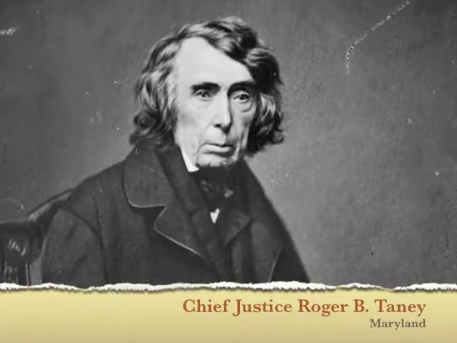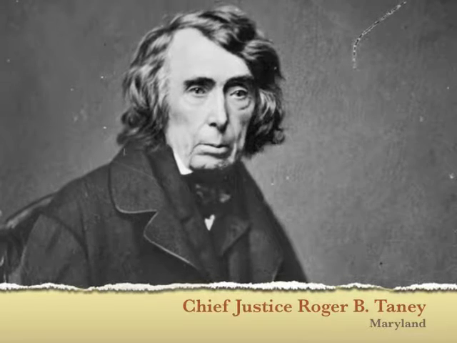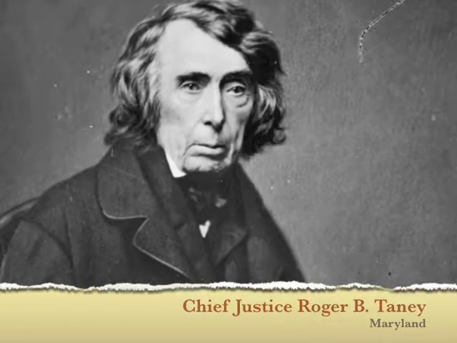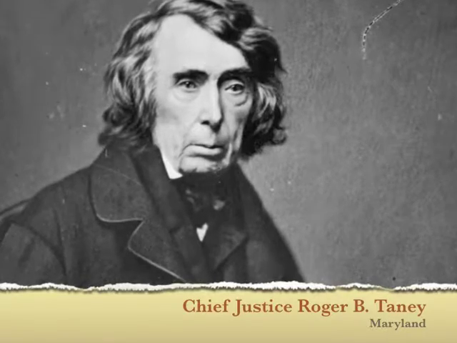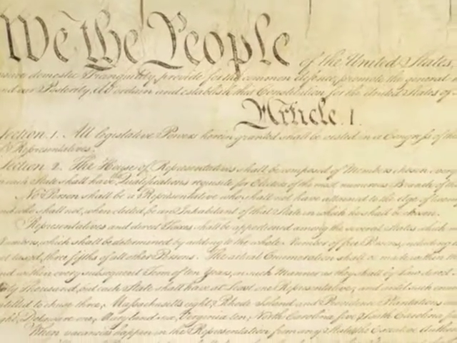The question is simply this: can a Negro whose ancestors were imported into this country and sold as slaves become entitled to all the rights and privileges and immunities guaranteed to citizens, one of which rights is the privilege of suing in a court?